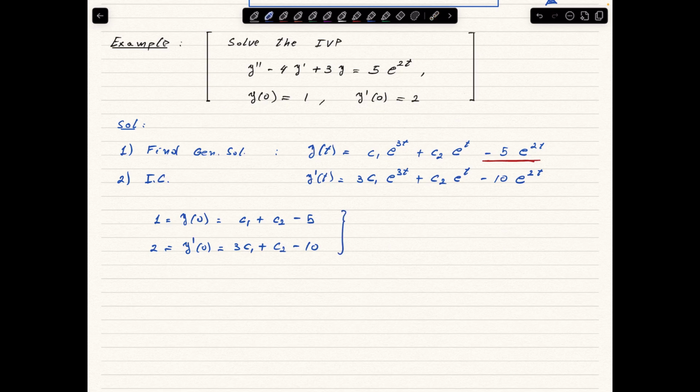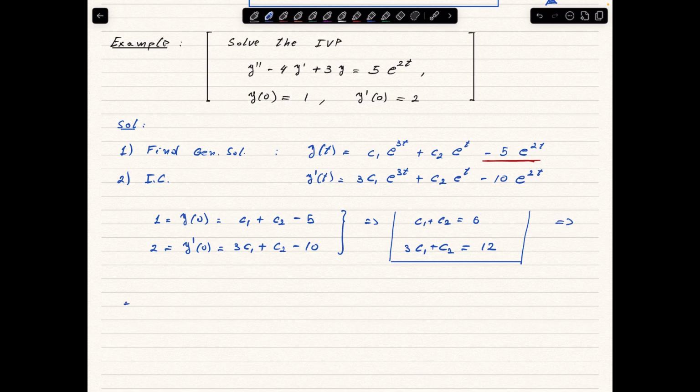So from here, we move the 5 to the other side, we move the 10 to the other side, and the equations we need to solve are c1 plus c2 equal to 6, and 3 c1 plus c2 equal to 12. So these are the equations to solve. And we can solve them in the usual way.